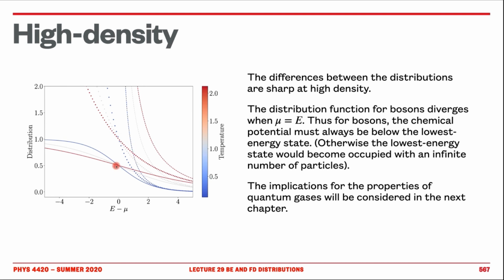And when we have very high chemical potential, so very high density, we start to see the importance of the fact that we need to have single occupancy on the states that are available. And this is the reason why things change so much between the particles. Clearly, the Maxwell-Boltzmann distribution still remains pretty close to some extent, I mean, somewhat close to the Bose-Einstein, but definitely different from the Fermi-Dirac distribution.